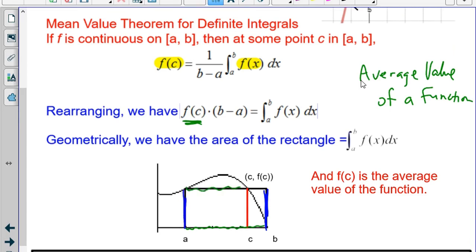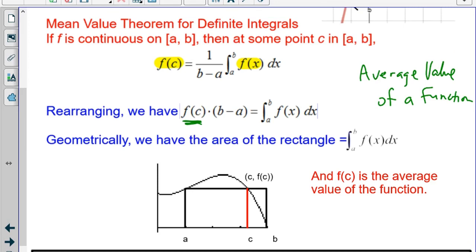Now, what that is going to do for us is tell us where exactly the area of this rectangle is exactly equal to the area under the curve for what we're trying to find. So we're basically turning the function into a rectangle that has the exact same area. We're like morphing and shaping it into a rectangle.